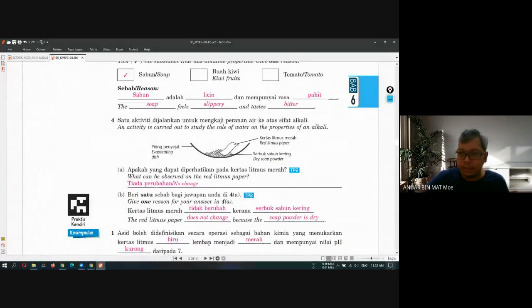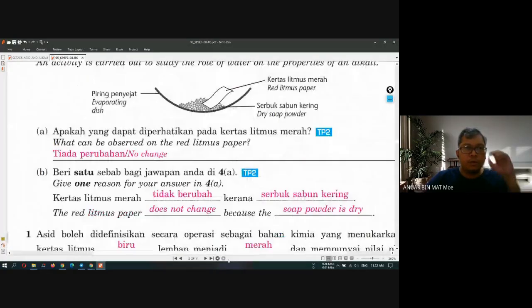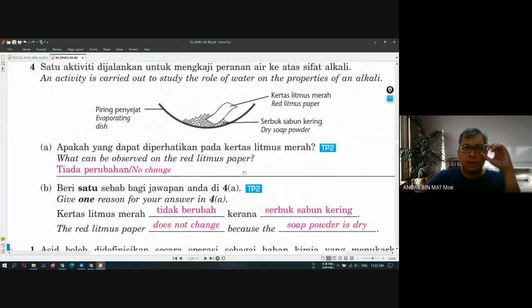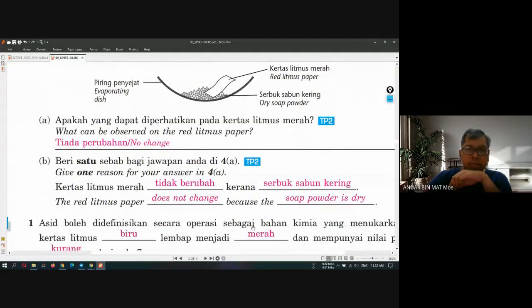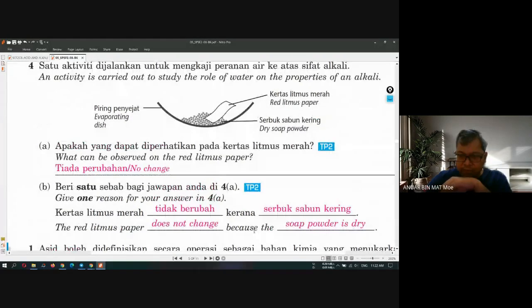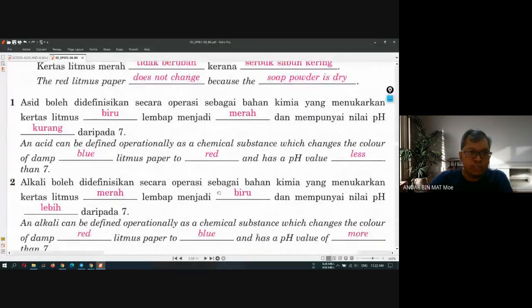Okay, so for A, no changes. For B, the litmus paper does not change because the powder is dry. You cannot test dry material. You must put water. Number one, the conclusion.